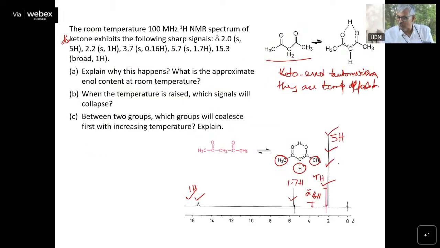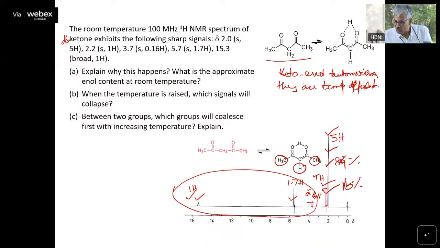So this will have a contribution of 86%. This will have a contribution of 84%. This is 60%. Similarly, you will have all these things, and you can find out.